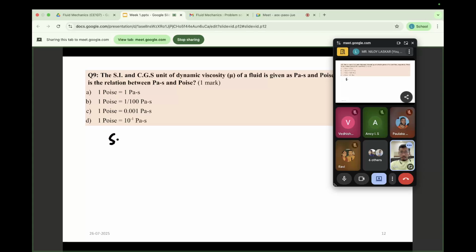So the SI unit is Pascal second, and the CGS unit is poise.